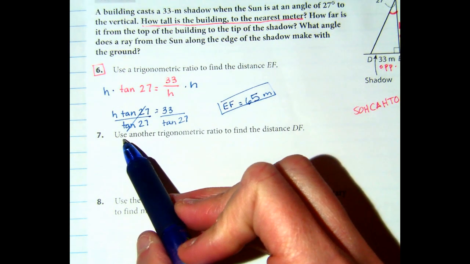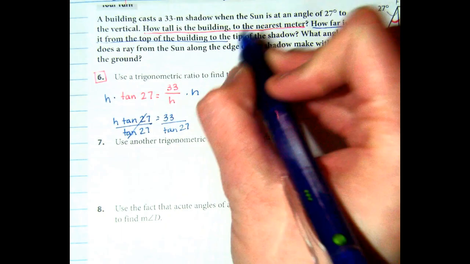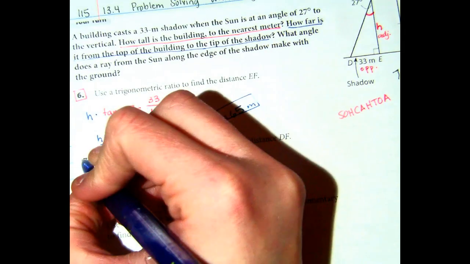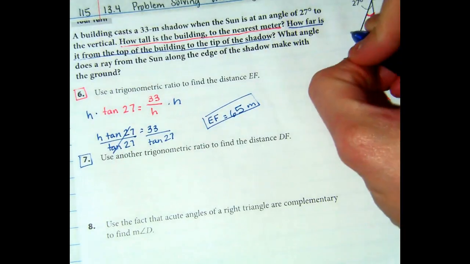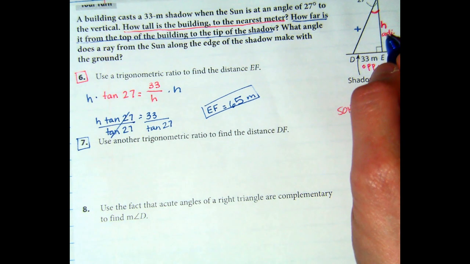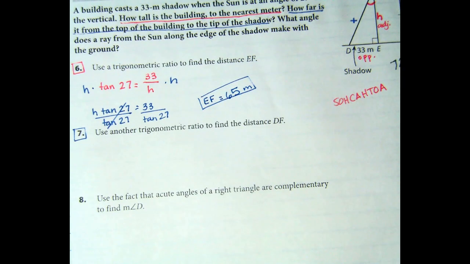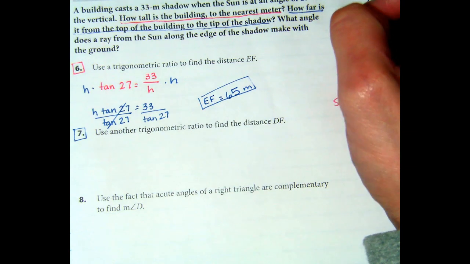It says, number 7, use another trigonometric ratio to find the distance of DF. That is, how far is it from the top of the building to the tip of the shadow? This right here. It says use another trigonometric ratio. Is there something else you could have done, though? You could have used the Pythagorean Theorem. We don't want to do that because it got rounded way too much right here. So, what is this X right here?